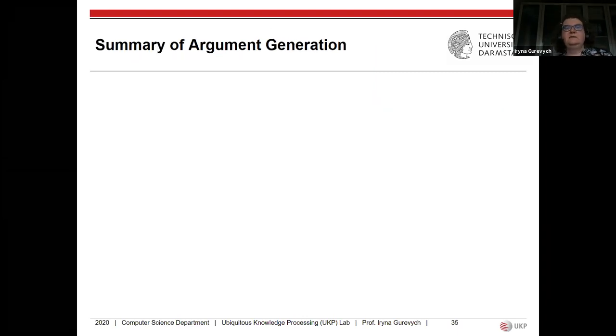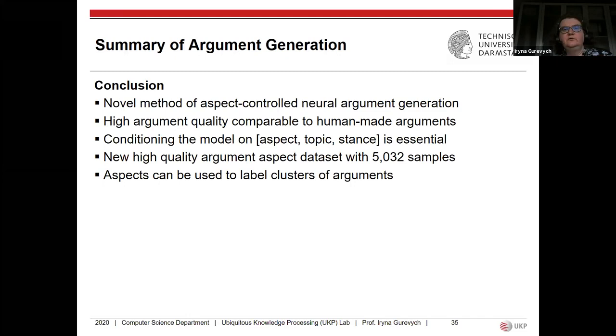So in summary, I have presented a novel method of aspect-controlled neural argument generation, and we have achieved high argument quality comparable to human-made arguments. We have shown that conditioning the model on the aspect, topic, and stance is essential, and have proposed a new high-quality argument aspect dataset with 5,000 examples based on a novel argument aspect annotation approach.